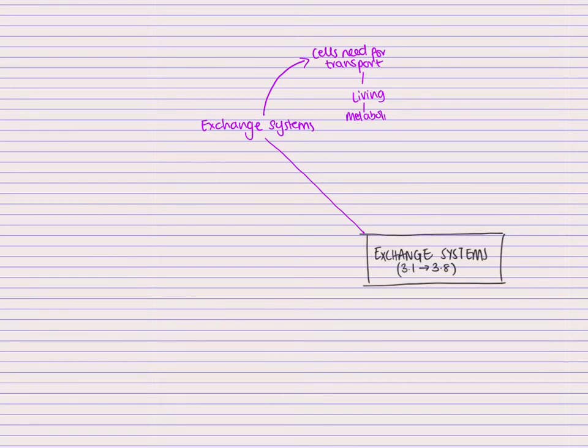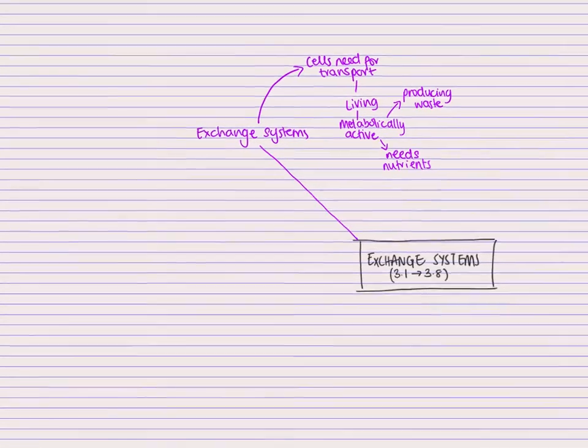So this means that they're doing chemical reactions all the time, and in doing that they're going to be producing waste. Okay, so they're producing waste that needs to be removed, but also metabolically active organisms need nutrients, things like oxygen, things like glucose, and that's not just going to come from anywhere.